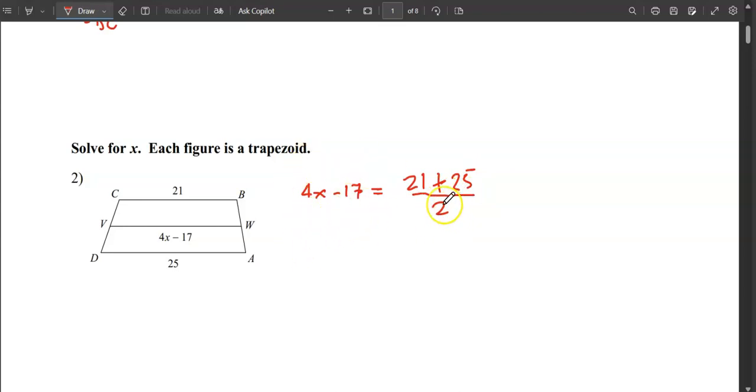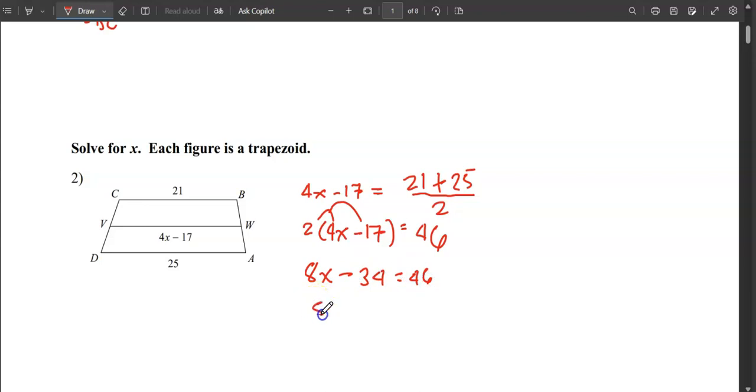So we cross multiply. This will become 2 times 4x minus 17. And what is 21 plus 25? That is just 46. And then distribute. This will become 8x minus 34 equals 46.